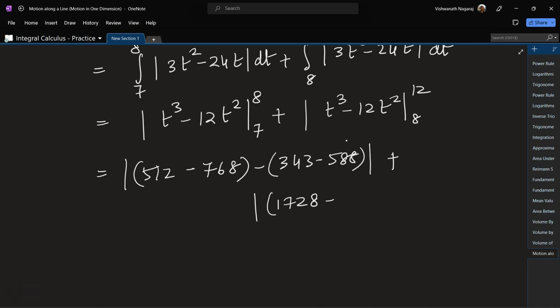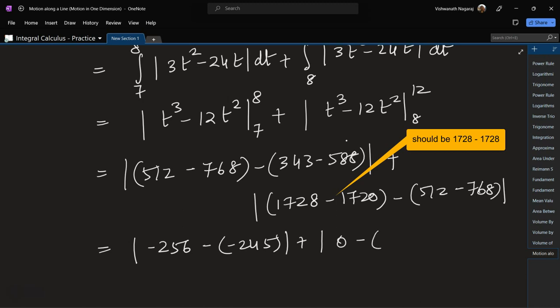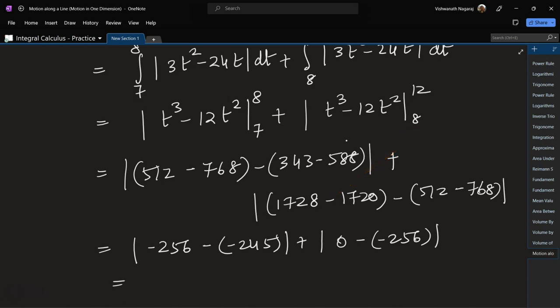Actually t cube minus 12 times t square, that is 12 cube, so that would be cancelled out. Minus, now 8 cube is 512 minus 768, absolute value. This gives us absolute value of minus 256 minus 245 plus absolute value of 0 minus 256, which gives us minus 256 plus 245.